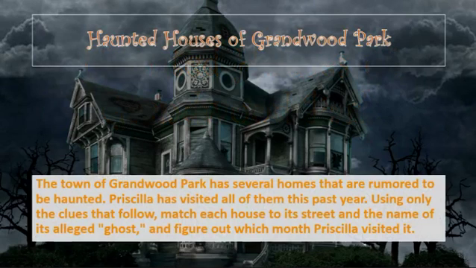All right, for this logic puzzle, it's about the town of Grandwood Park. The town of Grandwood Park has several homes that are rumored to be haunted. Priscilla has visited all of them this past year. So using only the clues that are going to follow, we need to match each house to its street name, the name of its alleged ghost, which is the name of the house, and figure out which month Priscilla visited it.